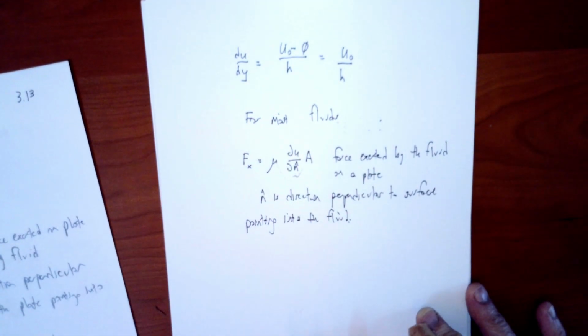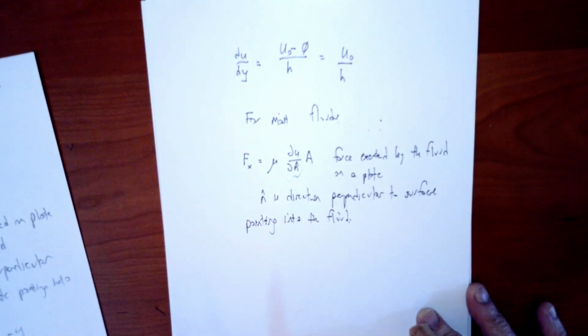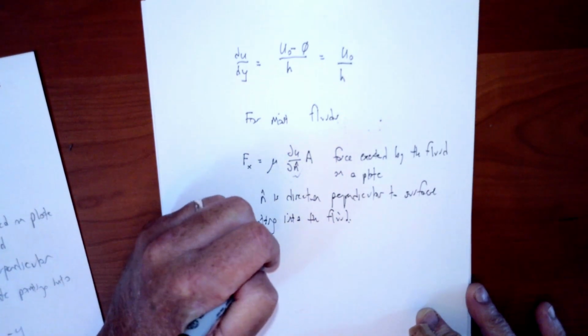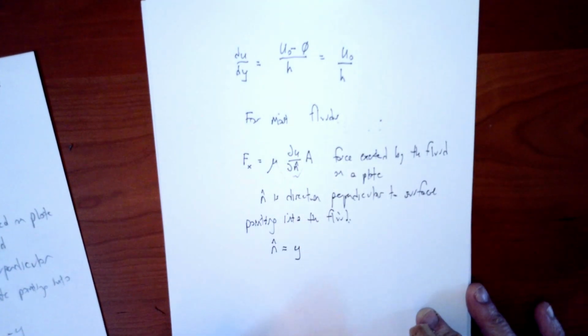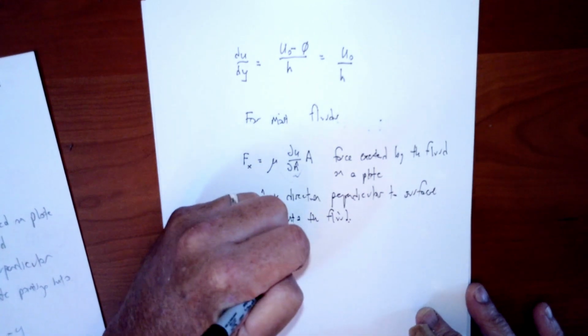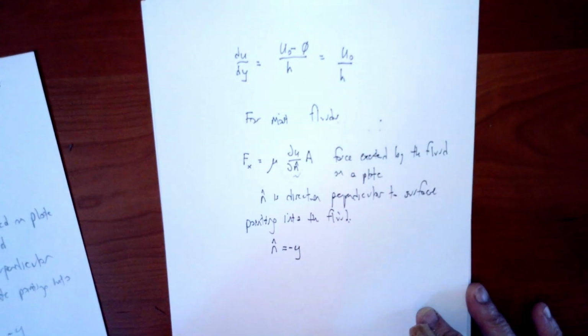The direction of the derivative depends on which direction is pointing into the fluid. That little n hat there is pointing into the fluid. In this particular case, n hat, therefore, is in the negative y direction, because from our top surface, the force exerted on the top plate is going to be pointing straight down.